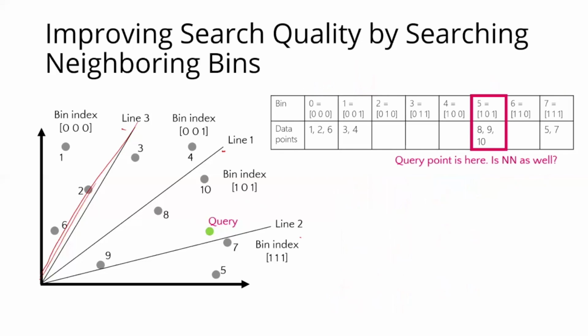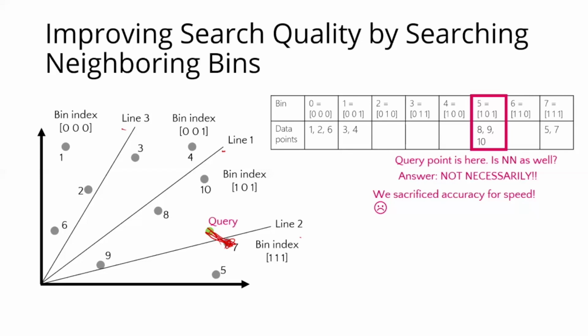From this, what we would like to do is find the nearest neighbor to the query. And in the lecture slide, it asks: the query point is in bucket 5, is the nearest neighbor also in bucket 5? The answer clearly is no. The query point is not necessarily within the same bucket as its nearest neighbor, right?